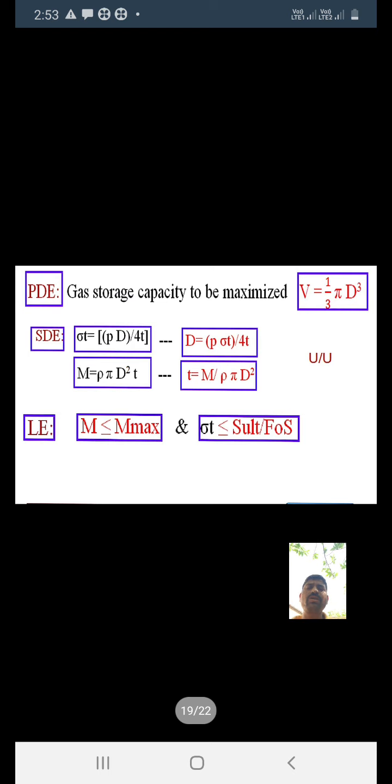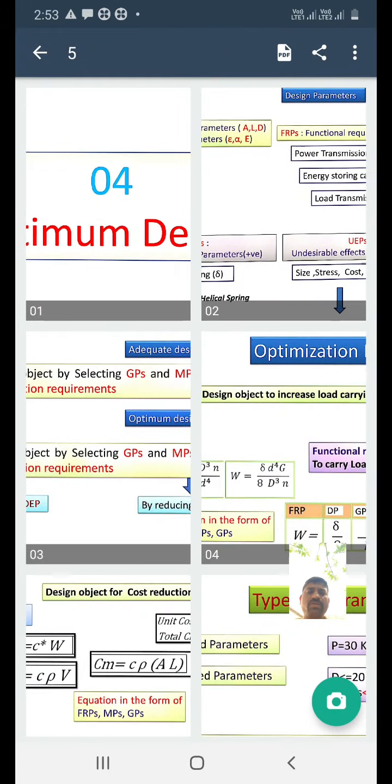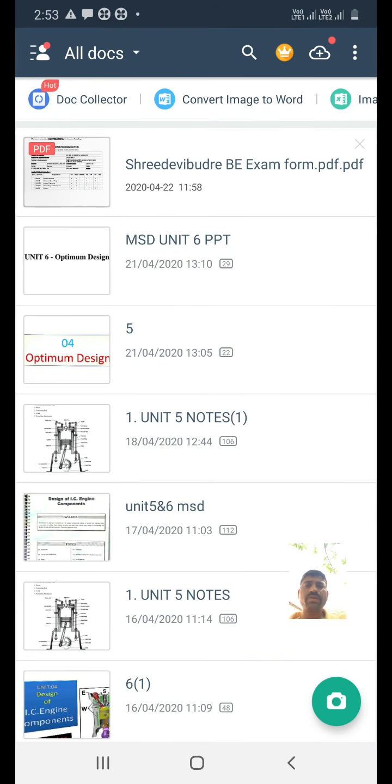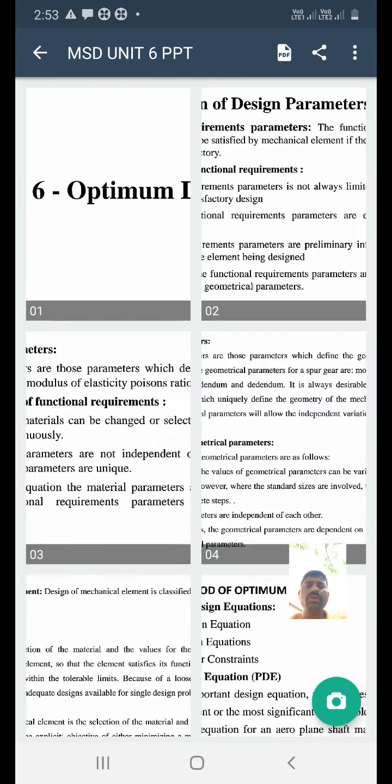You should find that limiting condition, which should have some constant with less than or equal to, greater than or equal to, or less than. These symbols are used in the limiting equation. Remember that.